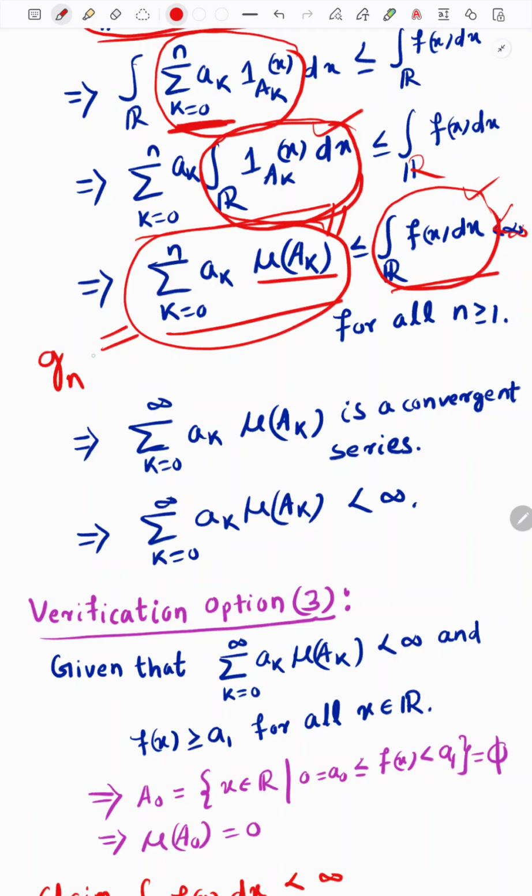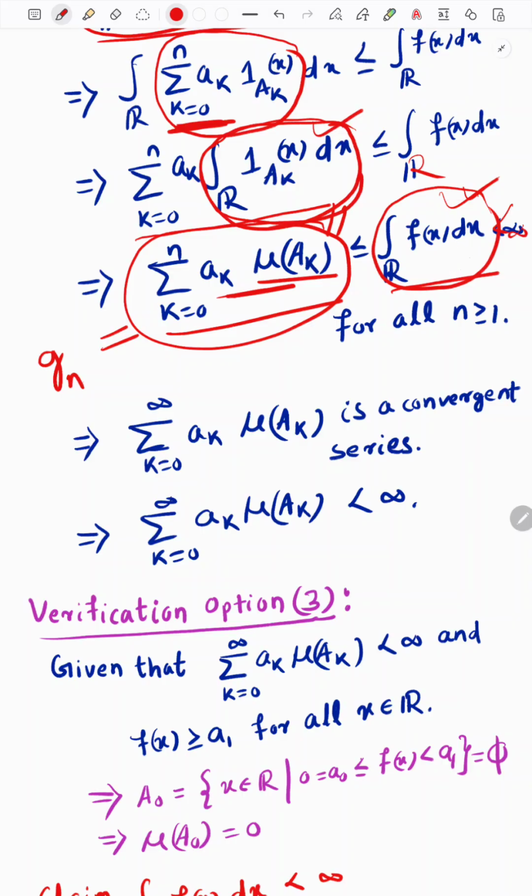This sequence g_n is an increasing sequence. If you increase n, since this is a summation of non-negative quantities, when n increases, this summation value will increase. So clearly g_n is a monotonically increasing sequence, and it is bounded above by this integral value.